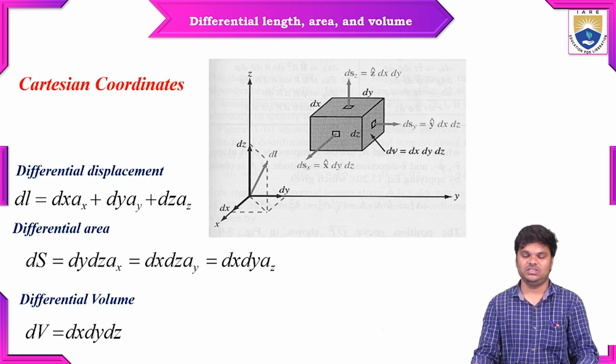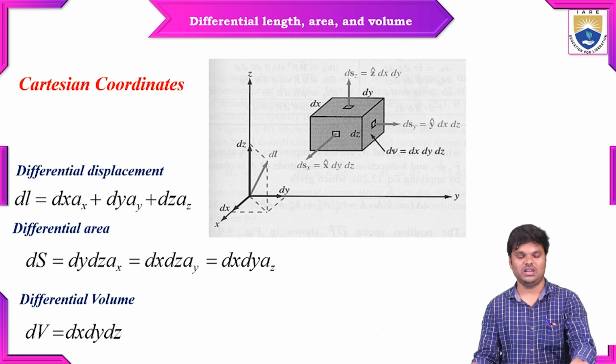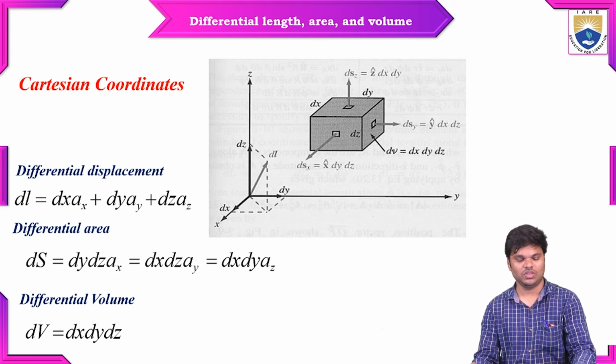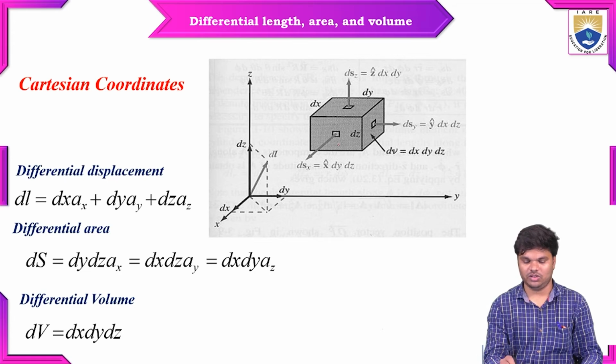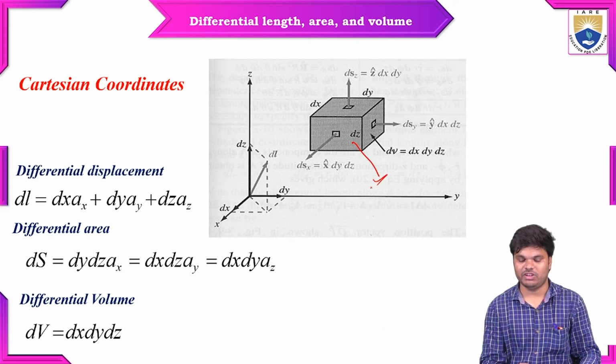So let's look at the differential length, the differential area, and the differential volume. Length is considered as a vector quantity in this course, and surface is also considered as a vector quantity. Volume is considered as a scalar quantity. So if we take any differential displacement, see this is in the yz plane.